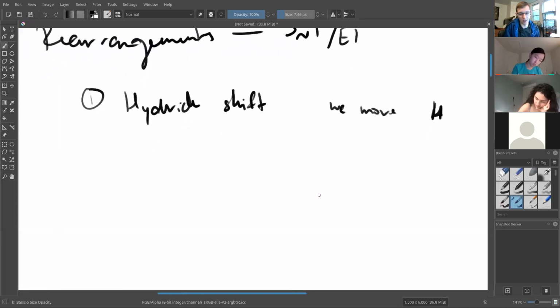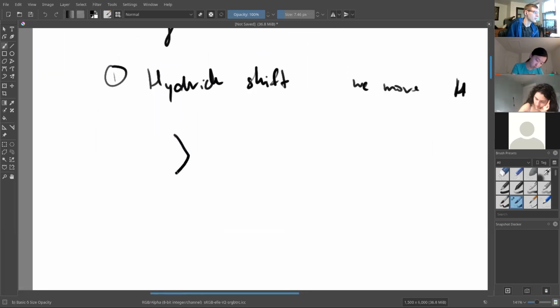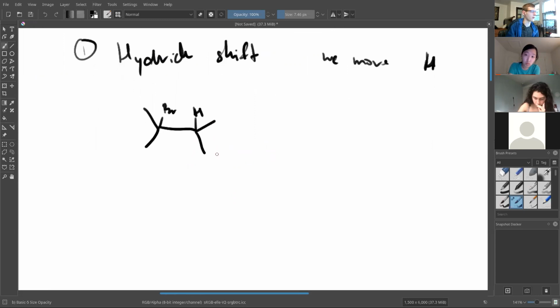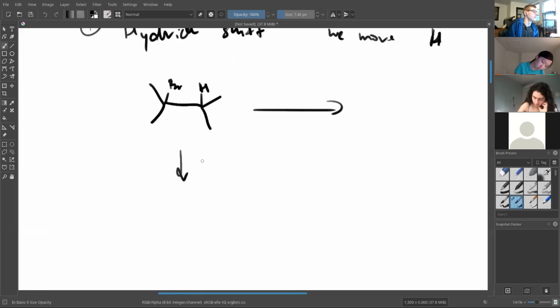A good example of this would be when, for example, we have this bromine. So let's say we have something like this, right? And then we put it in water. I'll draw it going down because I'll show you what the final product is at the end here.